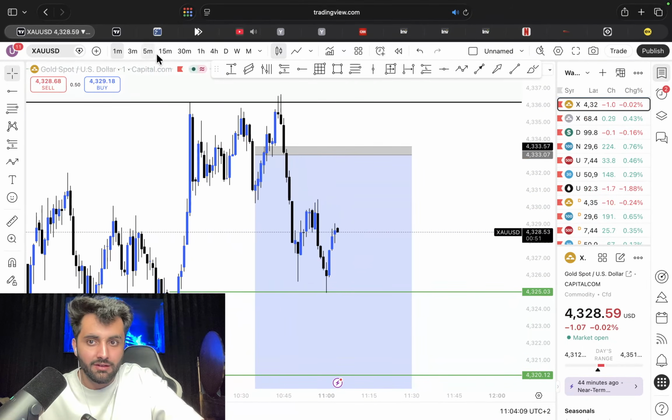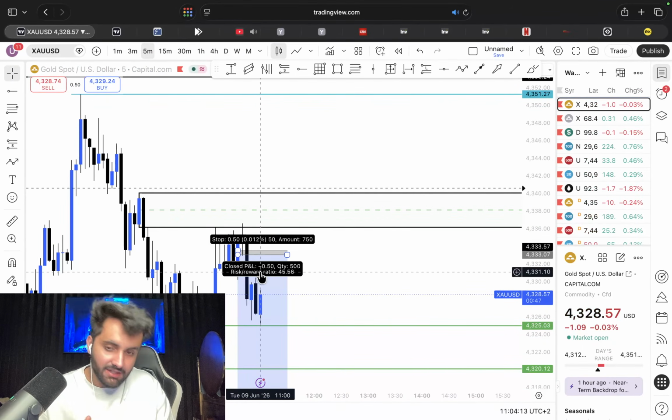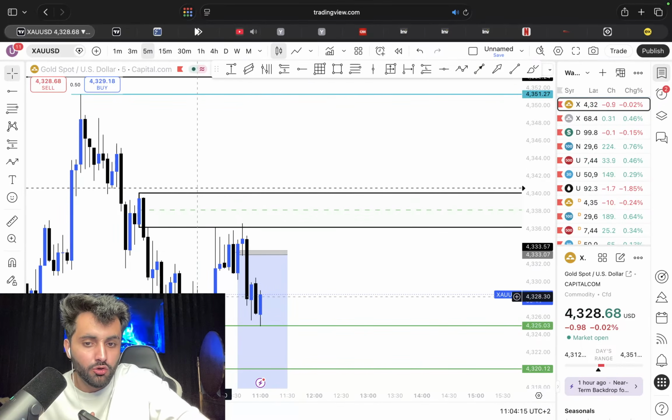If it plays out, well and good. If it doesn't play out, we secured something. Why do we have to move our stop loss to break even here? It's because there's a bullish order block here, guys.